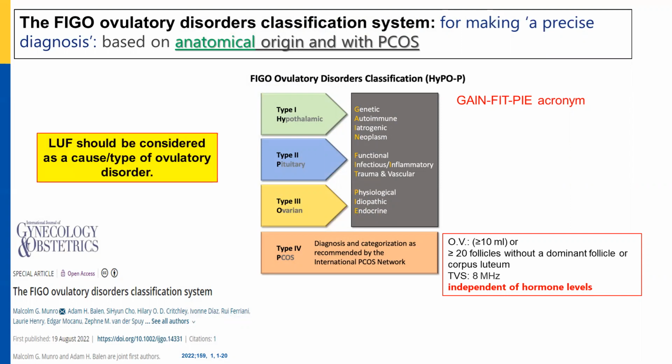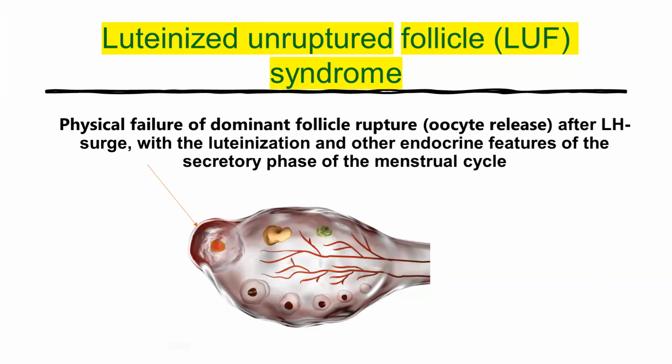But we have to know that this classification mentioned that luteinized unruptured follicle should be considered as a cause or type of ovulatory disorders. So what's luteinized unruptured follicle syndrome? Actually, it is a failure of the dominant follicle to rupture and release the oocyte after the LH surge.